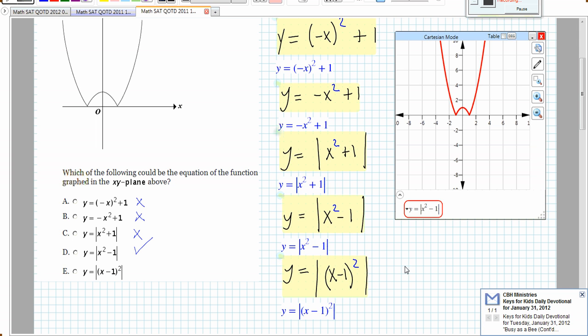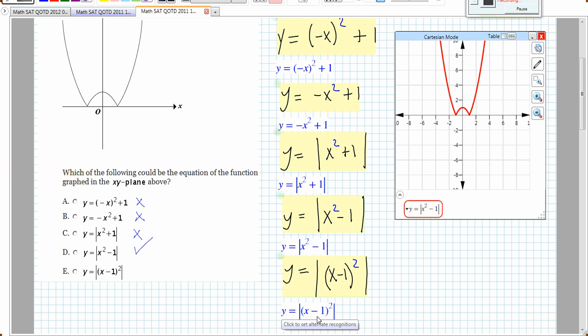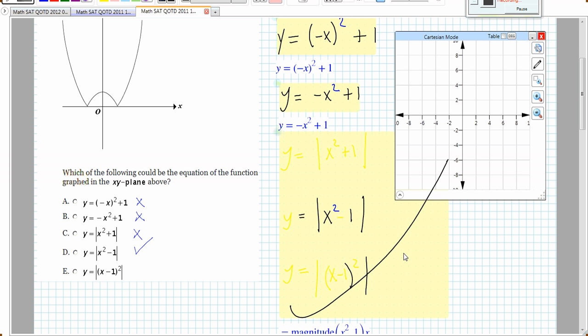Okay, cool. So y equals the absolute value of x minus 1 quantity squared. So when is the absolute value ever going to be necessary on this? Because any number squared is always positive. So in reality, this is just x minus 1 squared, which is just going to be the following. Let's plot it here.